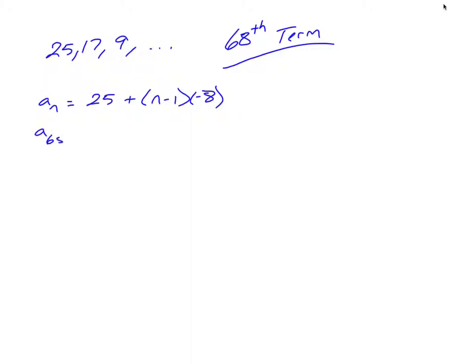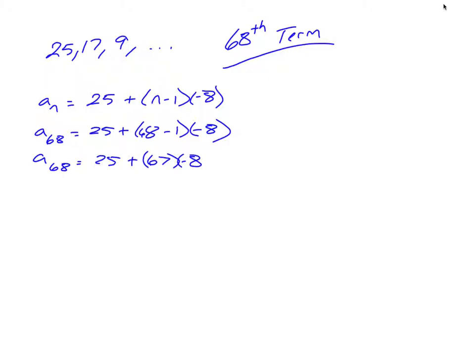So a sub 68 equals 25 plus 68 minus 1 times negative 8. So 25 plus 67 times negative 8. And that ends up, I think it's negative 511 if I remember.